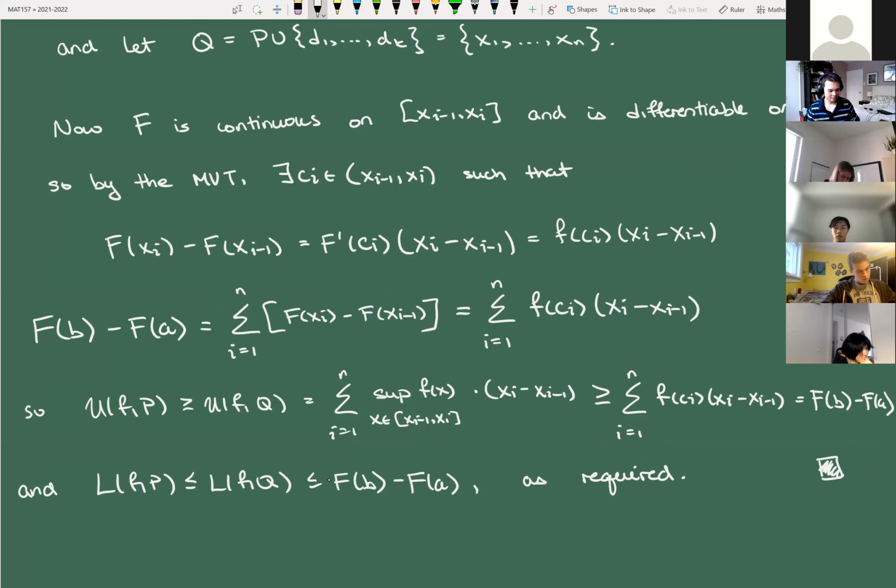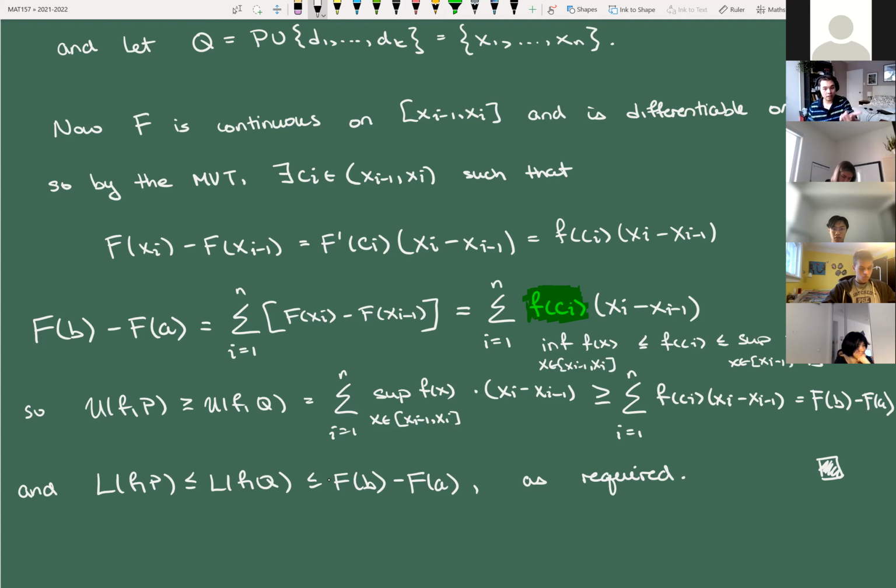Does everyone see the slickness? Right? That thing is always between the inf and the sup. And that's how we get the result.